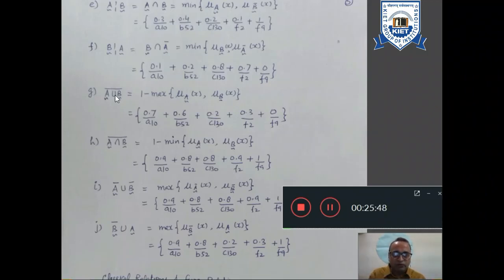By applying that rule we will get the same fuzzy set, the same membership values, right? Here you can see, in the same way, what we did here: the intersection of A and B fuzzy sets, and finally we make the complement of them. In the same way you can do it also.